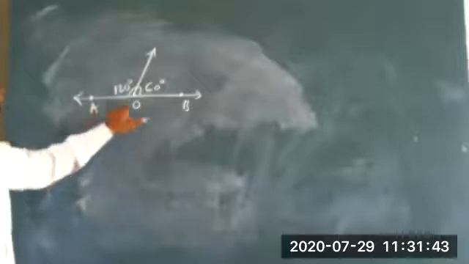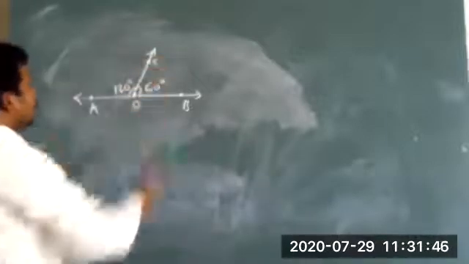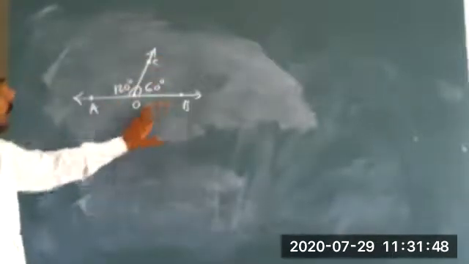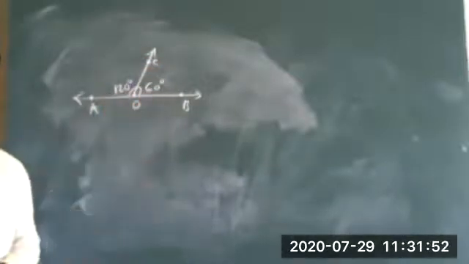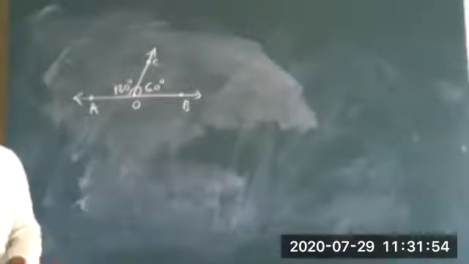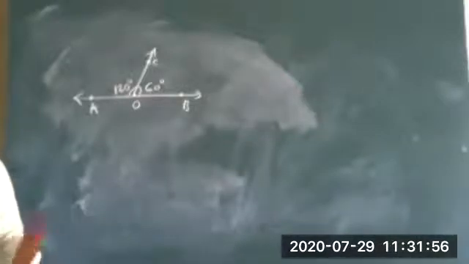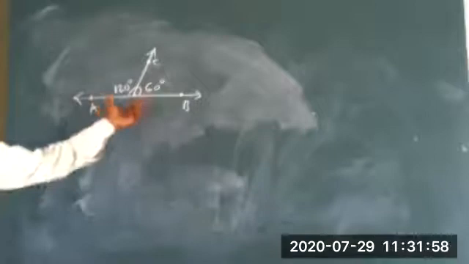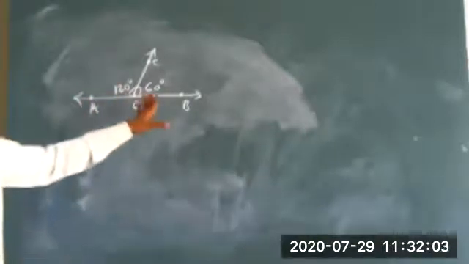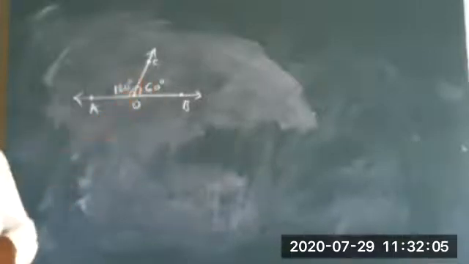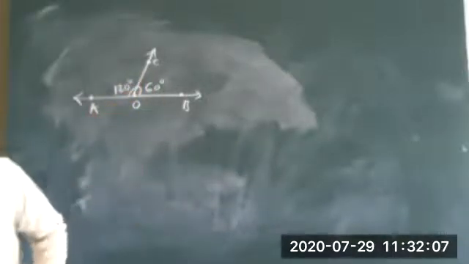So angle AOC is 120 degrees, angle BOC is 60 degrees. The sum of these two angles, 120 plus 60, equals how much, children? 180 degrees. It is a straight angle, it is supplementary. So these two angles are a linear pair. But why is it a linear pair? Because the sum of these two angles is 180 degrees. That's why it is called a linear pair.